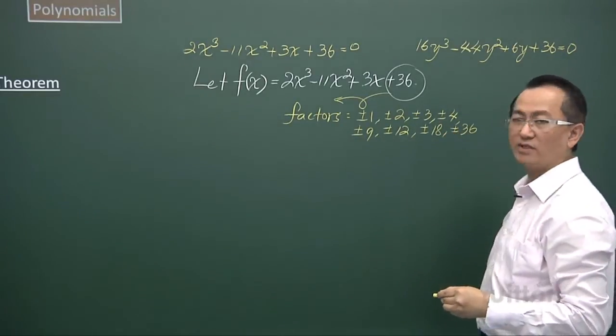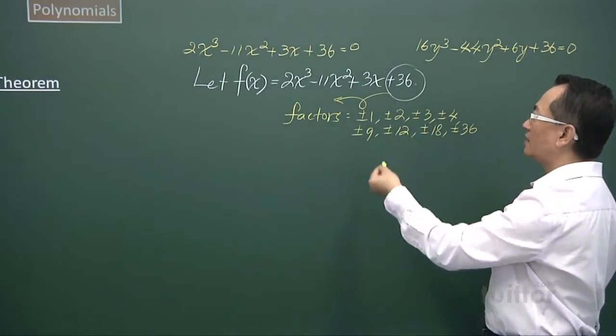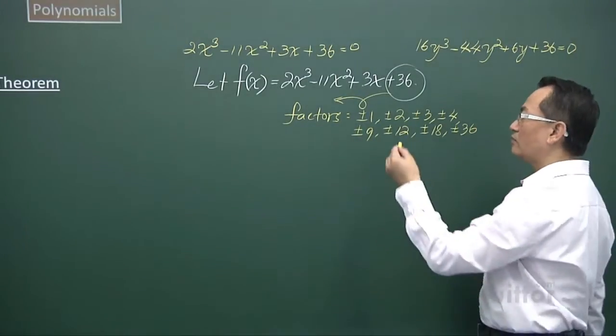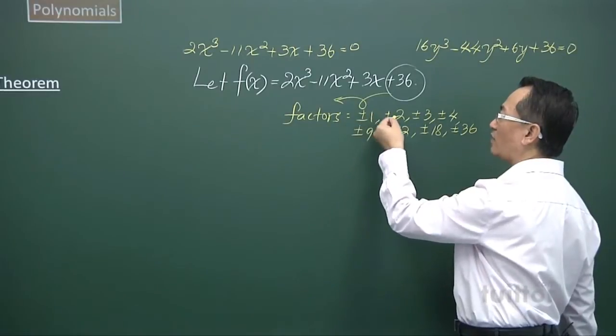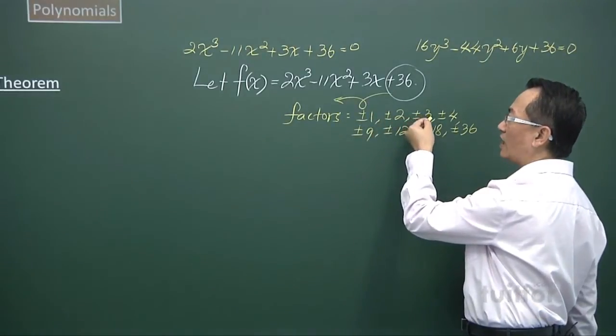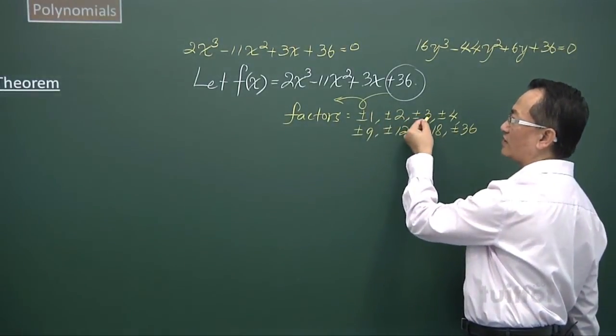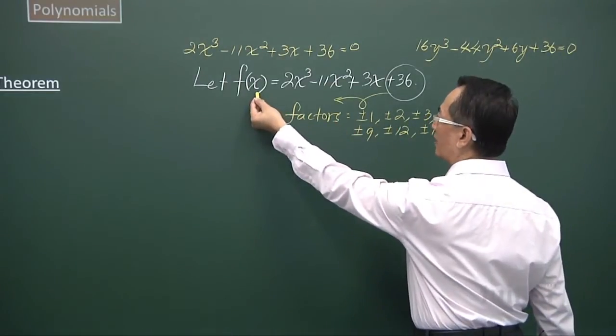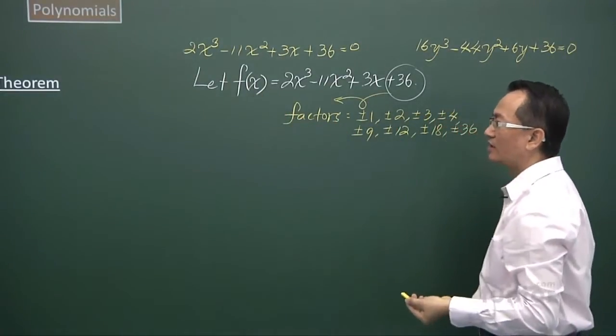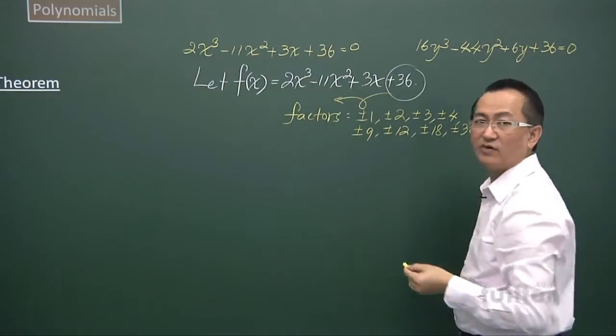And we can go into a certain trial and error by putting some of these factors of 36 into f(x) to see if it gives you a 0.